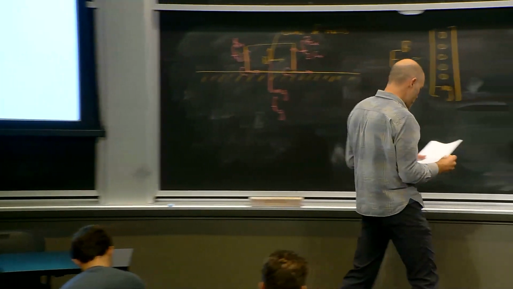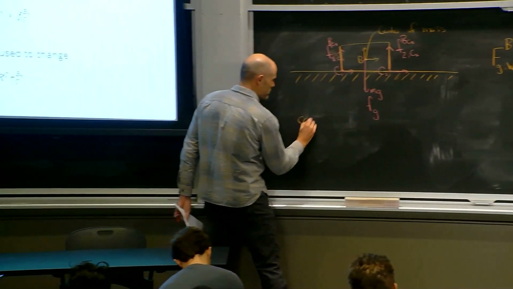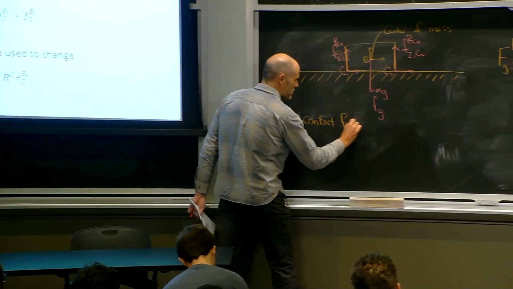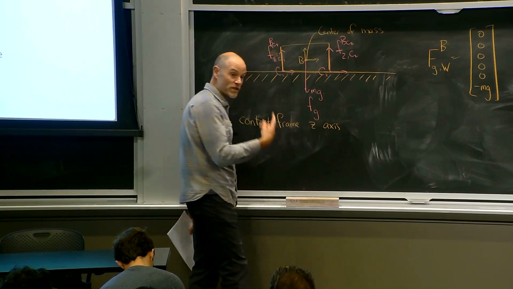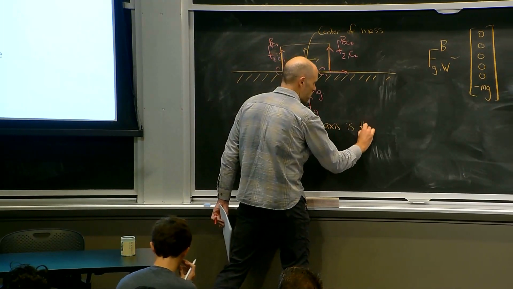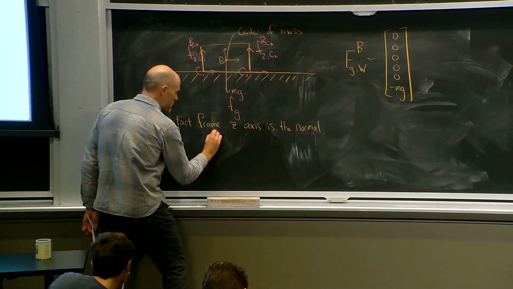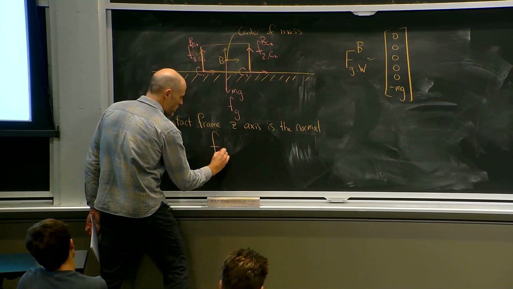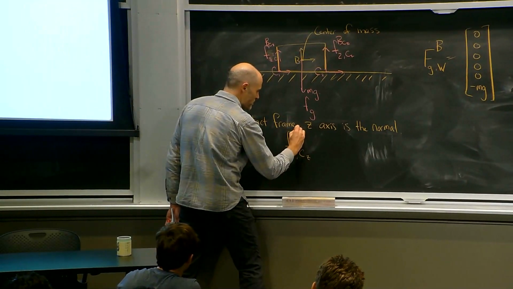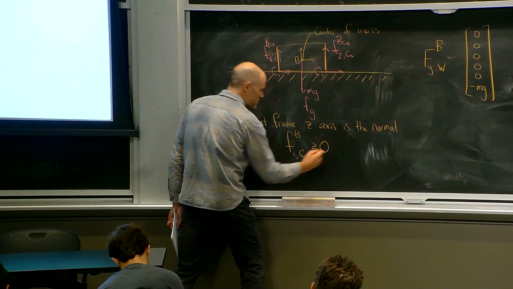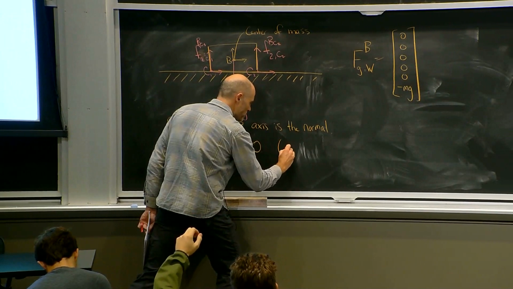So, in the contact frame, by convention, the z direction is aligned with the contact normal. So we have, for instance, that f of some i in the contact z applied to whatever body is going to be greater than or equal to 0, because you can't pull on contacts; contacts push but don't pull.